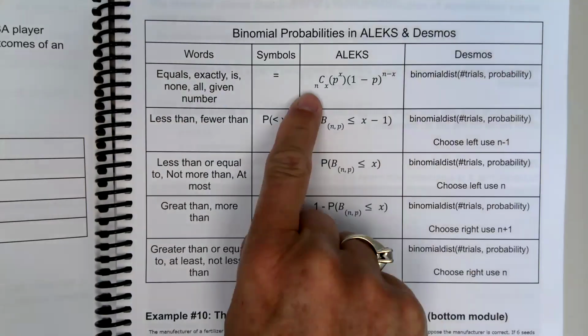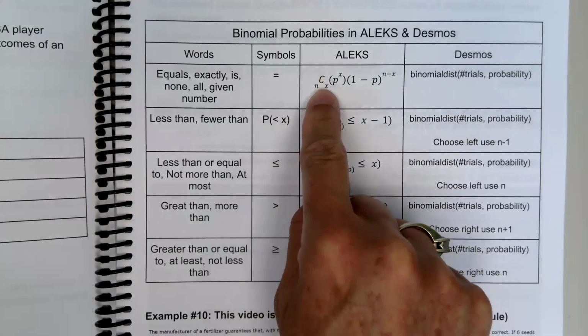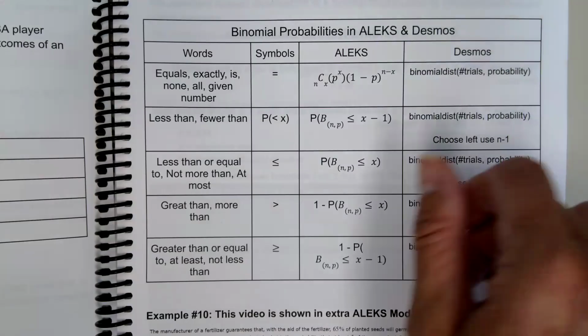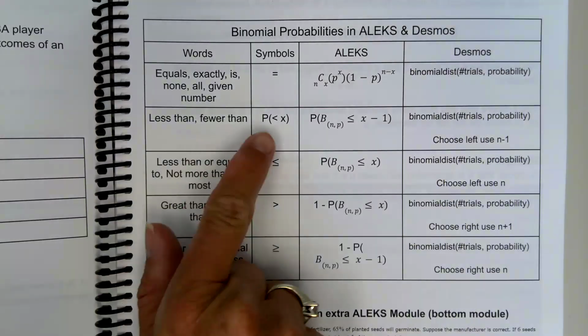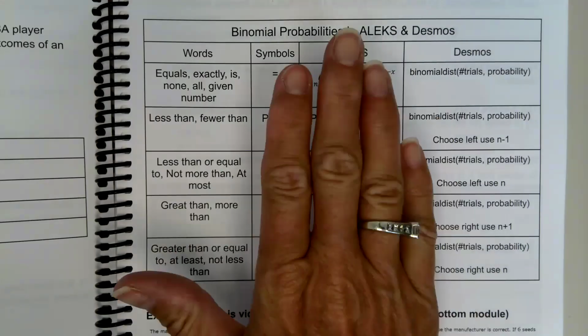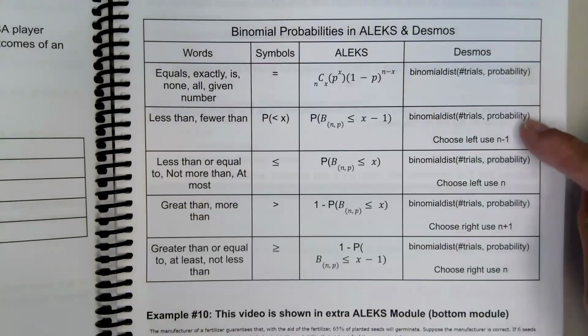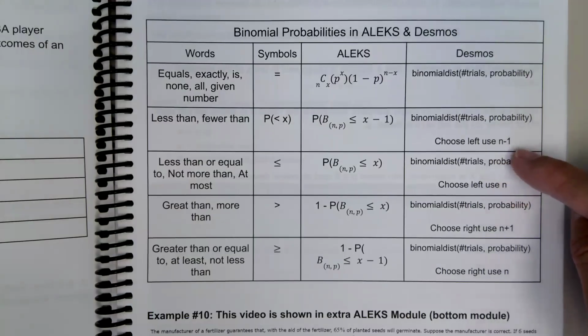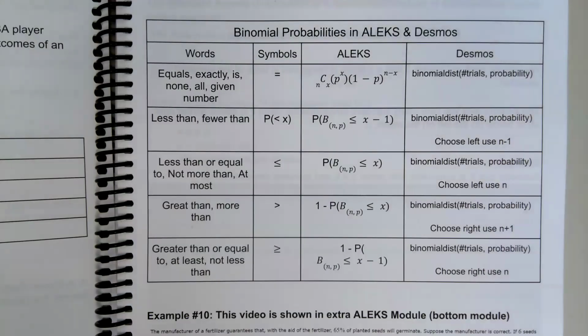So some of them are nCx, so like the choosing, remember we did the combinations and permutations. And then this B sub N,P is that binomial distribution. Or you can use the Desmos command that we just used. And so this is how we would use them.